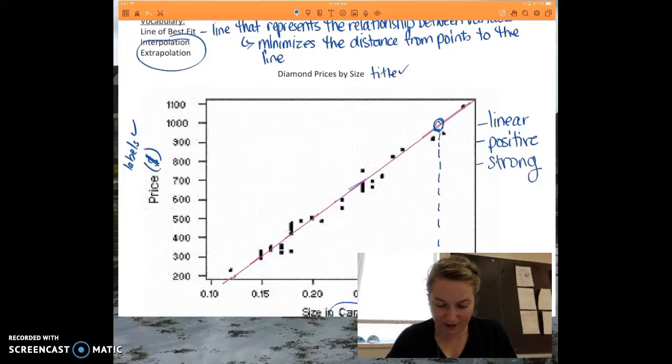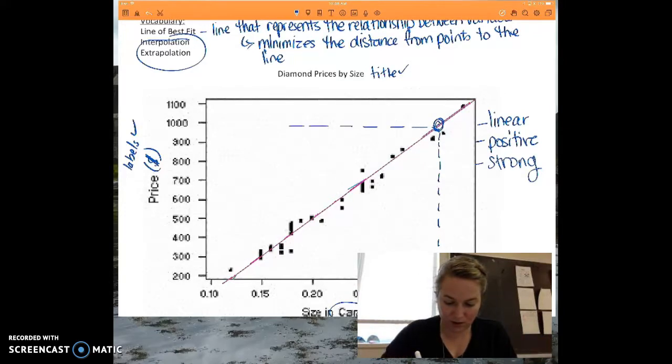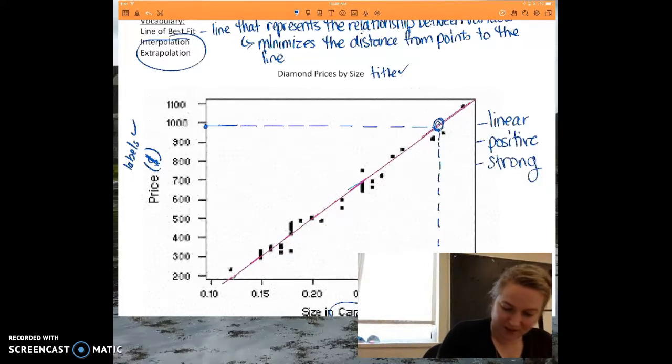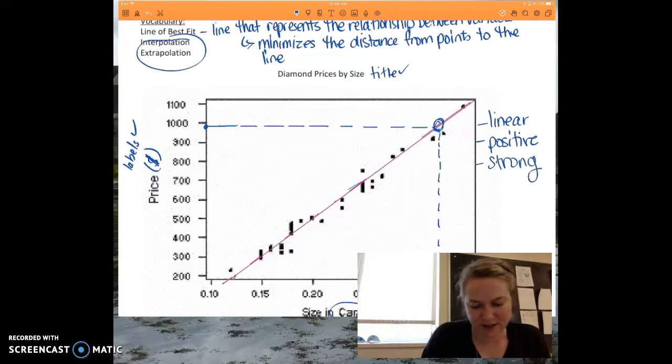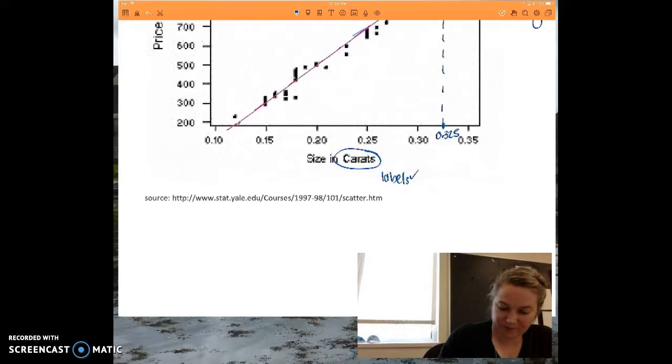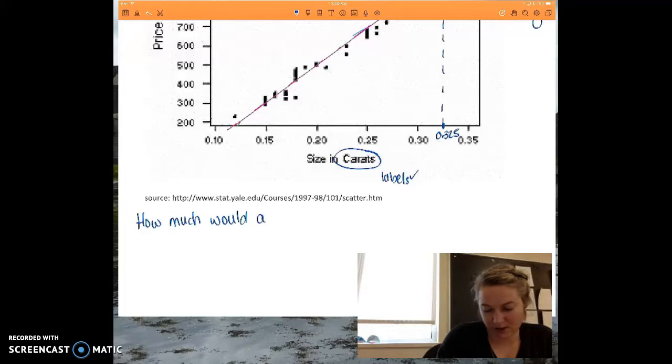From my line, I'm going to go all the way across to there. And that looks like it's going up by 100s. That looks like about $990.